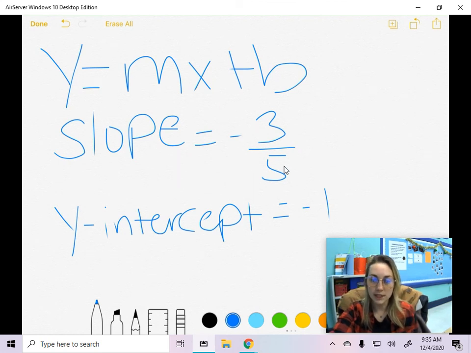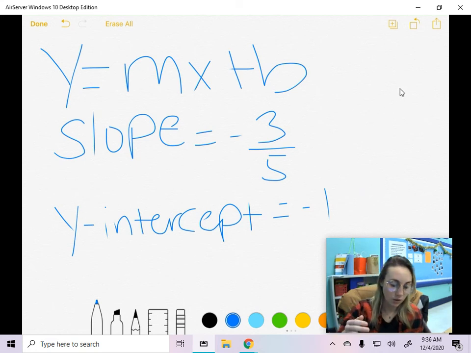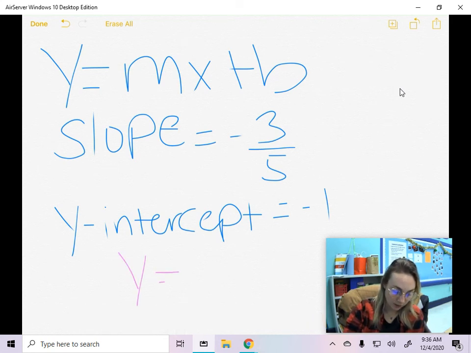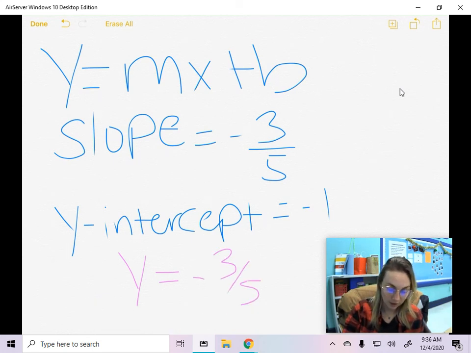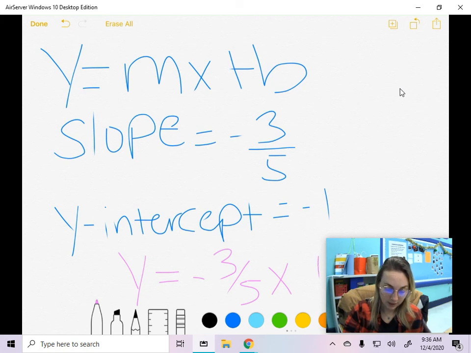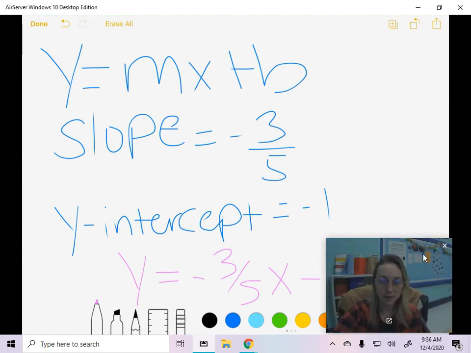All we have to do is put the slope in the correct place in this equation, and then put the y-intercept in the correct place. So our equation is going to look like y =, what is our m? M is slope. Our slope is -3/5. We have to make sure we put that x beside it, and then we have to put our y-intercept. Our y-intercept is -1.